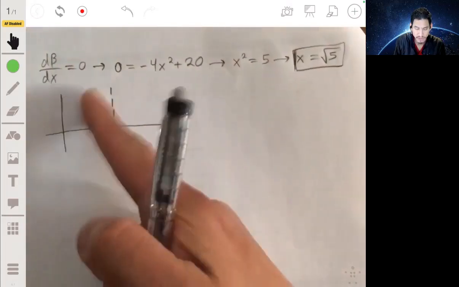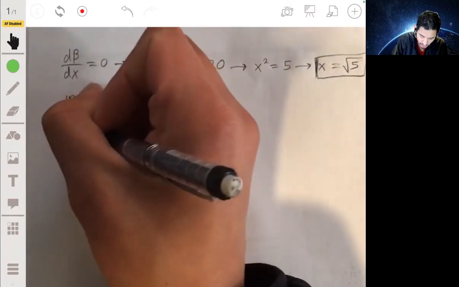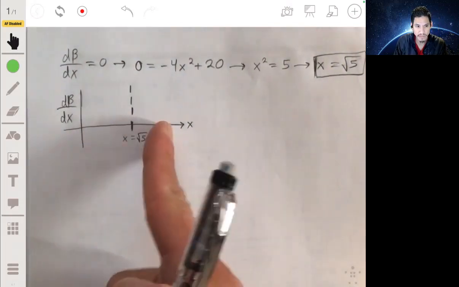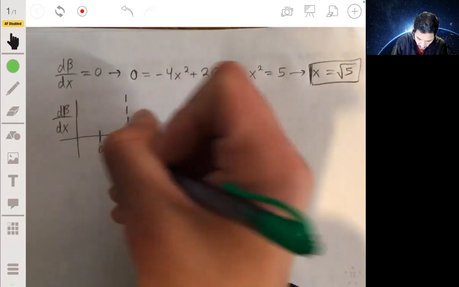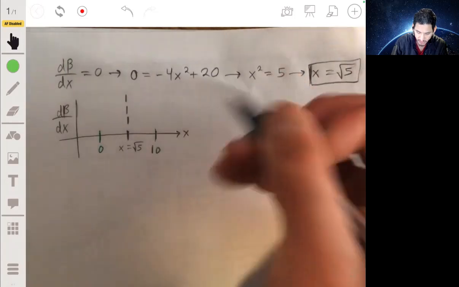And then we want to see what the graph looks like here. Like what's the sign of d beta dx before this value and after? So let's figure it out at 0. And then let's just pick a number after. Let's just pick 10 because that's easy to evaluate.